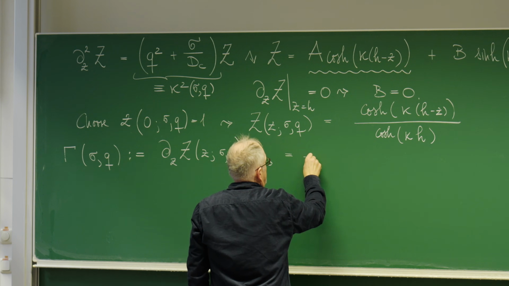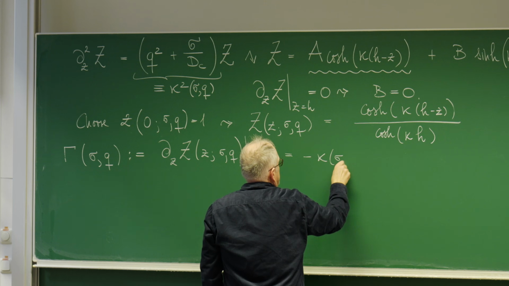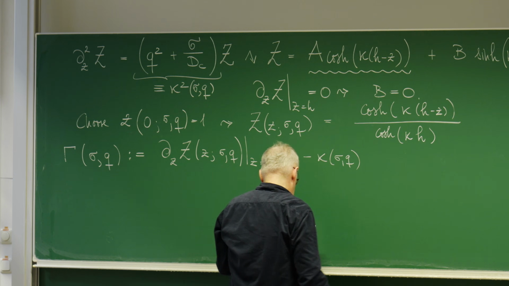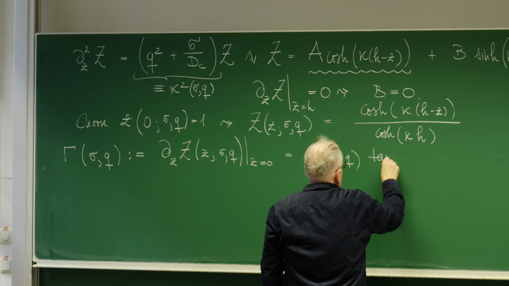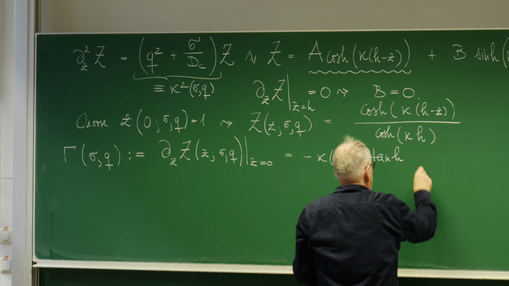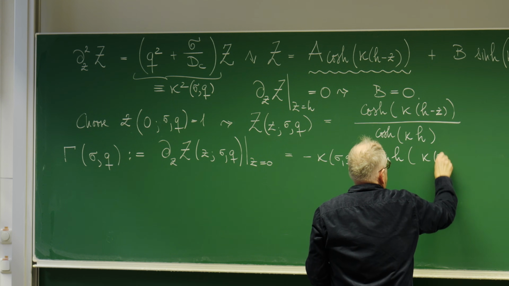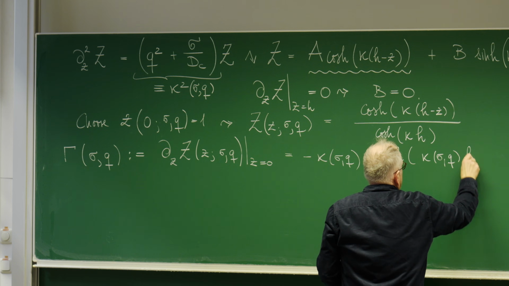And this is, when you do the math, minus kappa as a function of sigma and q, times the hyperbolic tangent of kappa of sigma and q times h.